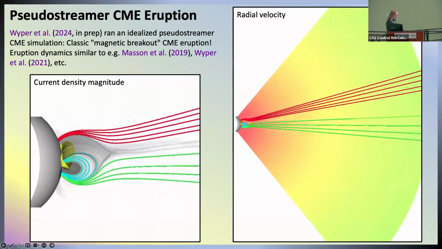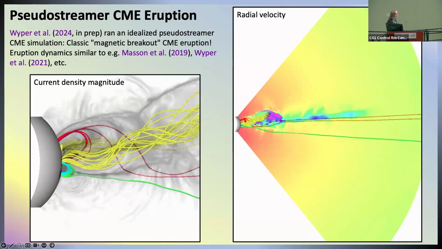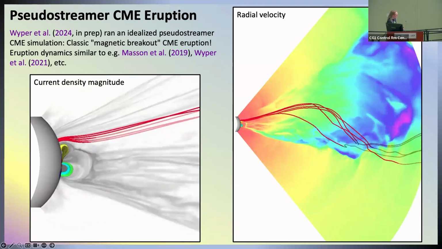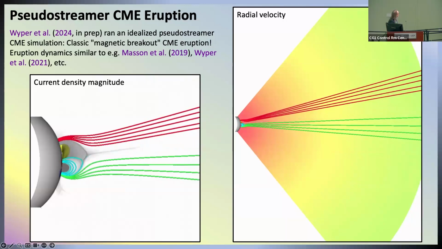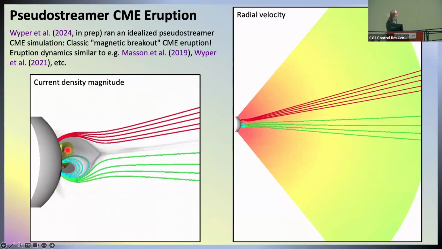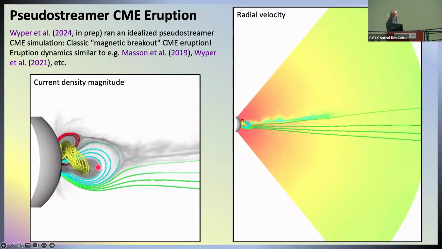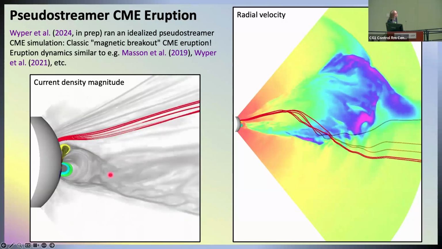I guess for the last 2 seconds of time here, we're going to go through one more example of a pseudo-streamer eruption, where this time we've got one of the legs disconnected. If you look at these field lines here, I'm erupting here, got my slow rise, my rapid flare reconnection.